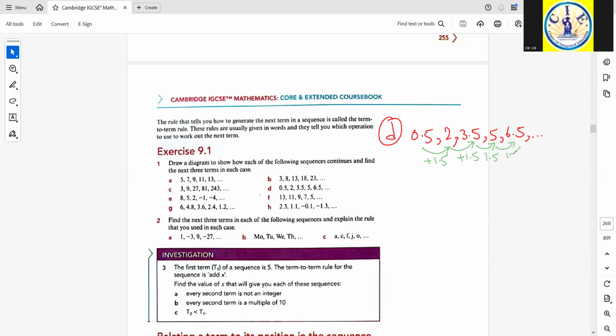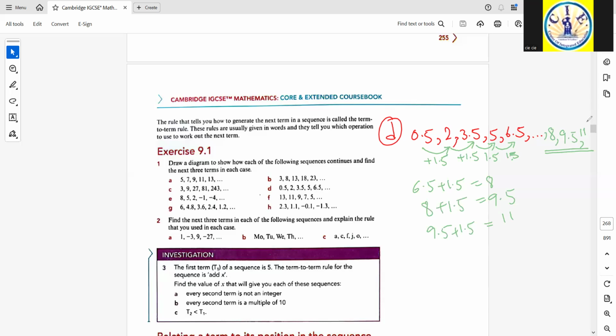Adding 1.5, we get 6.5. So the next term should be 6.5 plus 1.5, that is 8. So the next term of this sequence should be 8, and then adding 1.5 to 8 gives us 9.5, and then 9.5 plus 1.5, that is 11. So the next three terms are 8, 9.5, and 11.